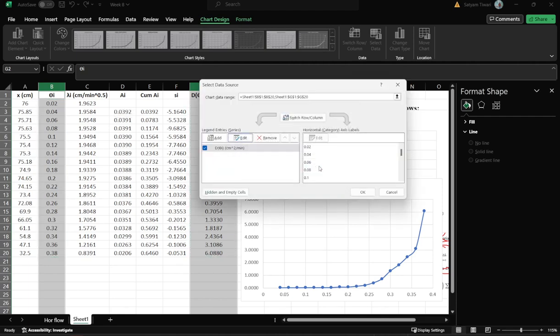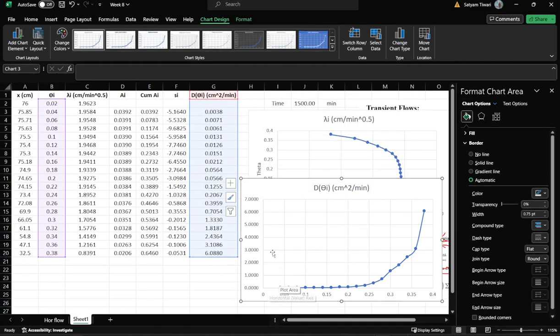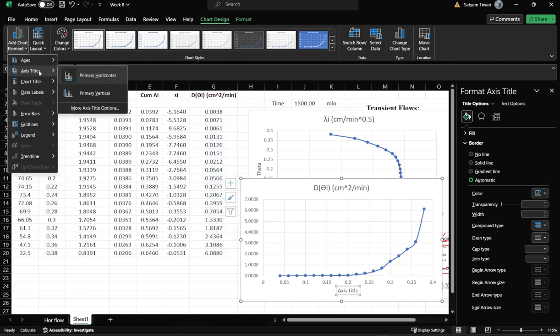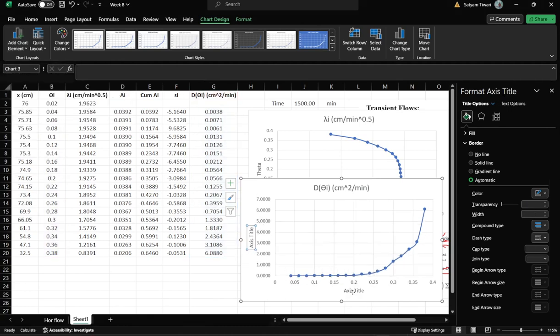That's fine. Okay. So hit OK. And we'll also add the title here. Theta. And here this is diffusivity.